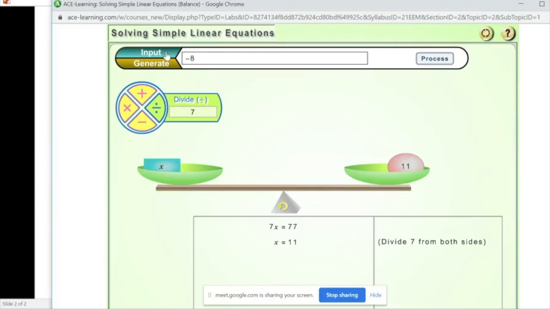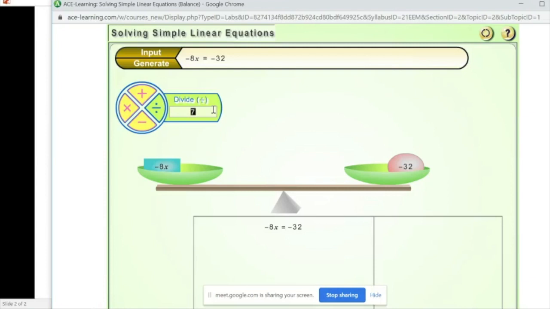Negative 8x equals negative 32. Let's try an example with negative numbers. So what do I divide by? Do I divide by 8? No, if I divide by 8, I'll get negative 1x.